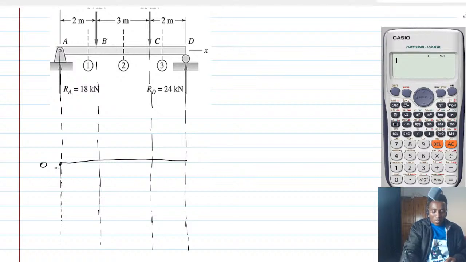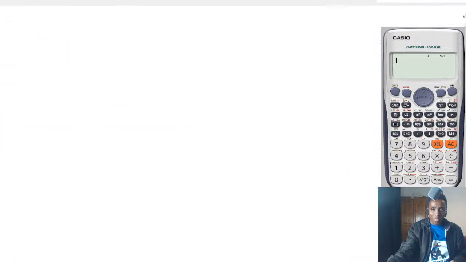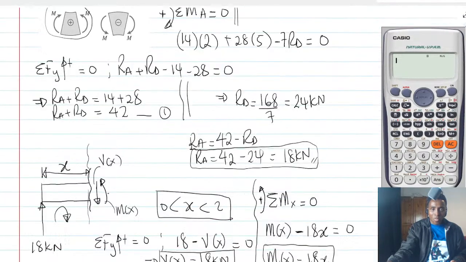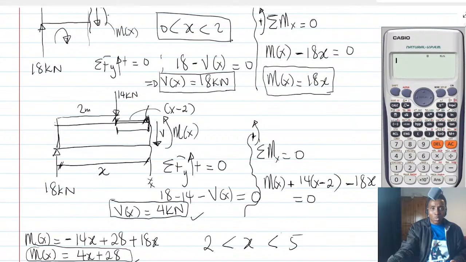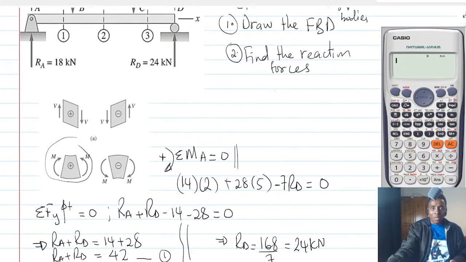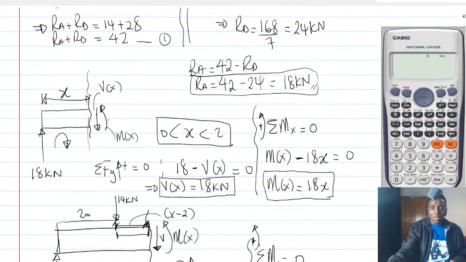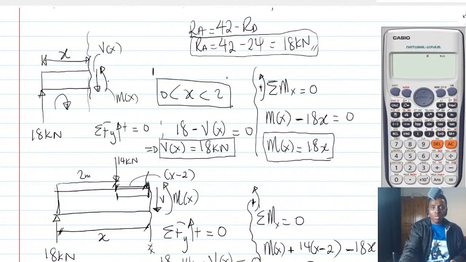At point A, what was the shear force for the first part between A and B? So this is between A and B, from 0 to 2. The shear force was 18.